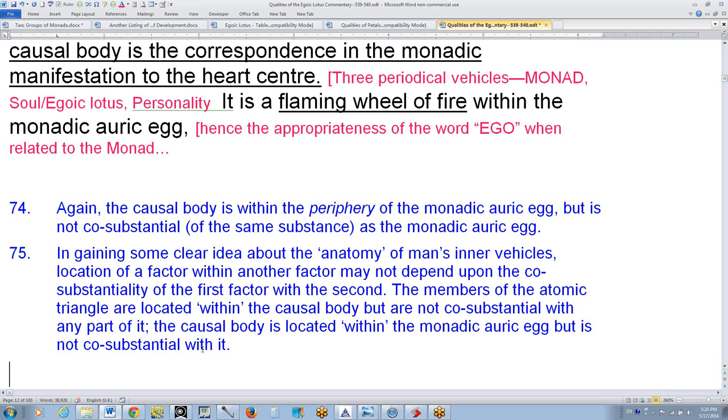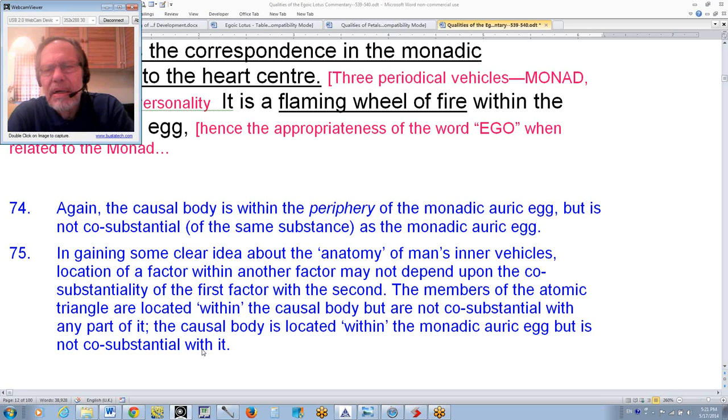The causal body is included as a heart center at this time within the monadic auric egg, even though the energy of which it is composed is of lesser vibratory frequency. And on it goes. So that we get the sense of enclosure, vibration, space. It begins to look like a spatial kind of configuration. And maybe on the cosmic physical plane, some idea of space is possible.